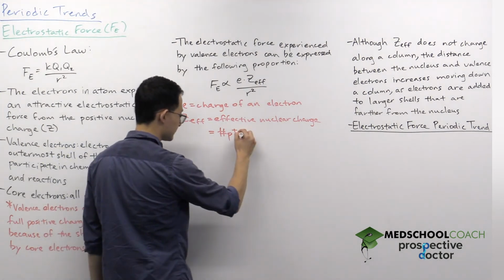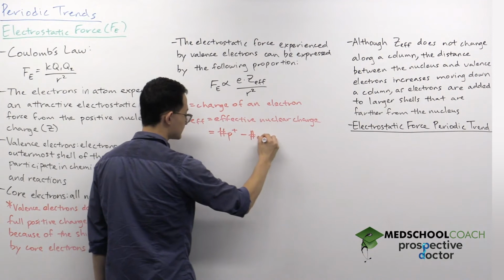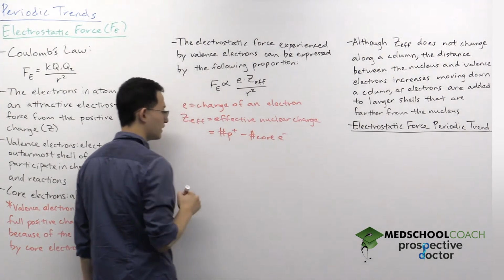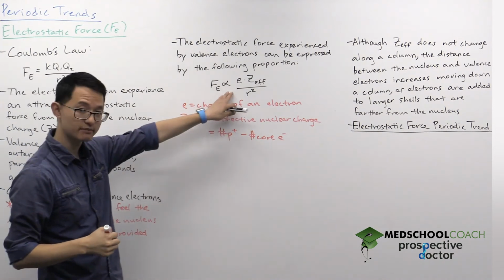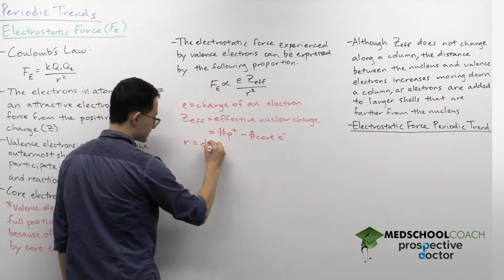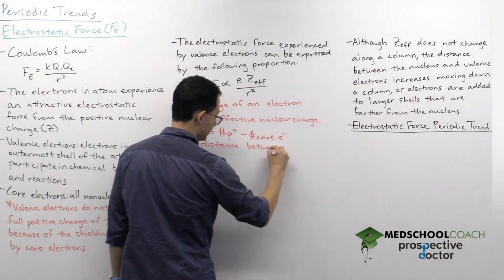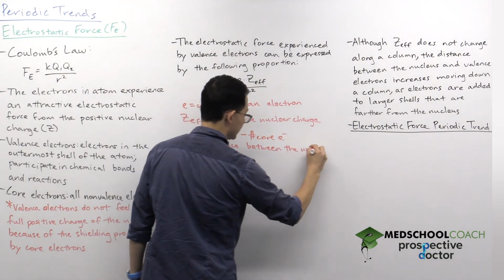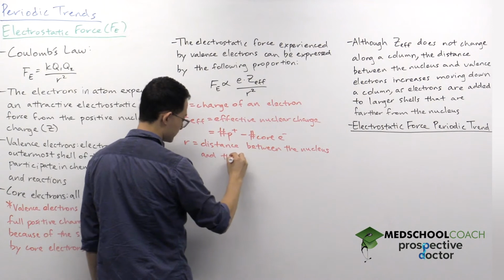So to calculate the effective nuclear charge, you can take the number of protons in the atom and subtract the number of core electrons. Okay. Now the last term we have here is R, and again we can specify what this is referring to. In this case, it's specifically going to be the distance between the nucleus and the valence shell, where our valence electrons are located.